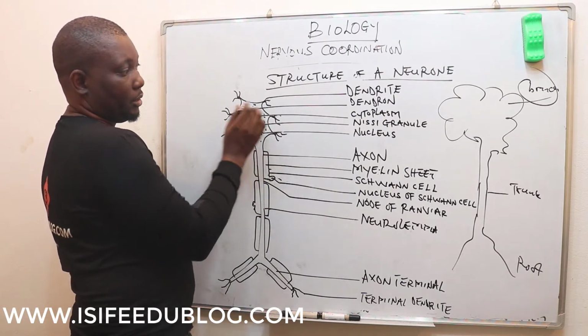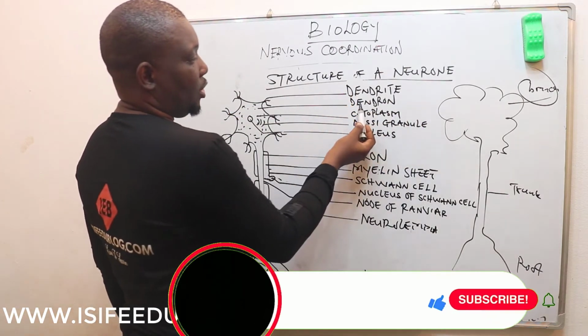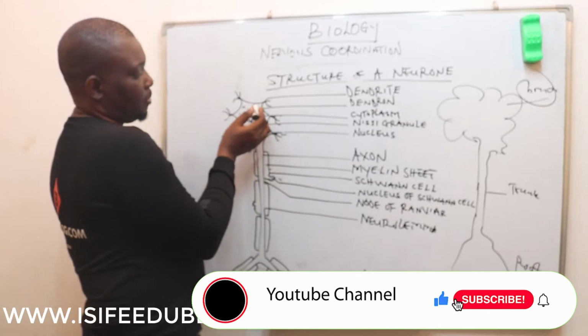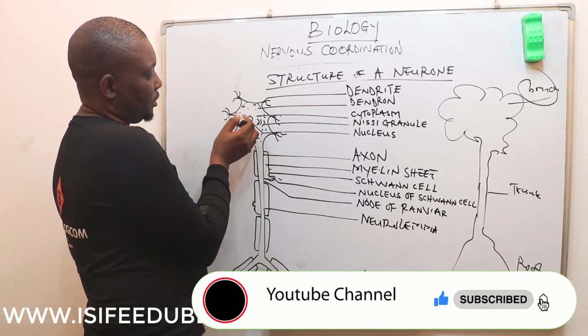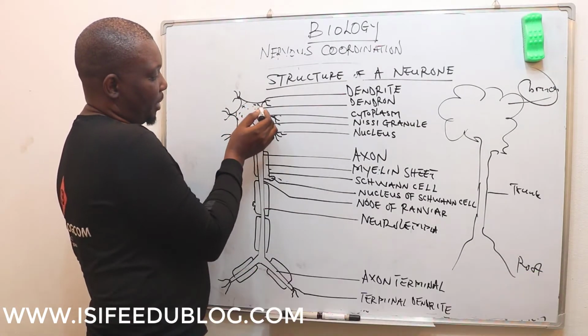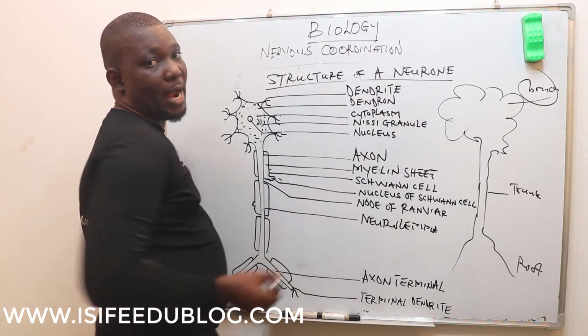are the cell body, which are dendrites or dendron. All of this part is the dendron, then this apex. But apex or dendrons are dendrites.